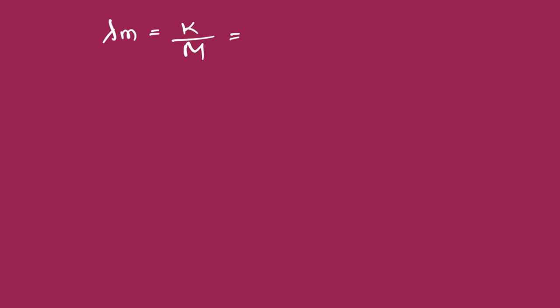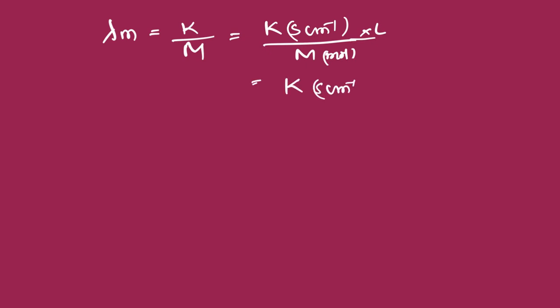Here we place the k unit, Siemens centimeter inverse, and this will be mole. This is molarity, mole per liter. This liter goes in the numerator, so I can write L in the numerator. This can be written as k Siemens centimeter inverse.